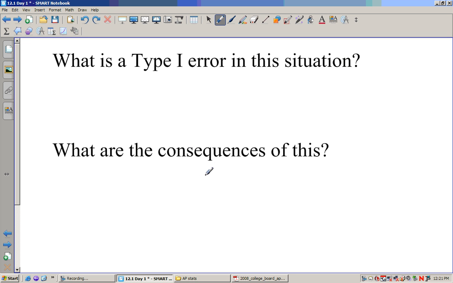So what's a type 1 error in this situation? A type 1 error is when we reject the null, but the null is actually true.